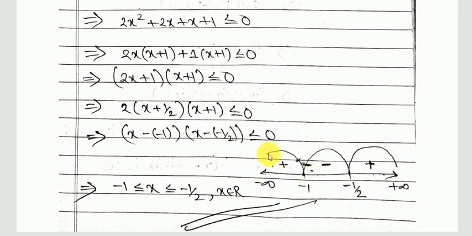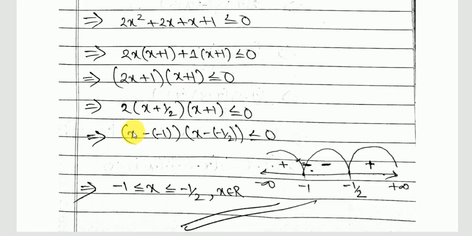Now how do we decide whether to write minus or plus? What I have done is, here it is minus half, and 0 lies in this interval. So take that 0 in place of x over here.